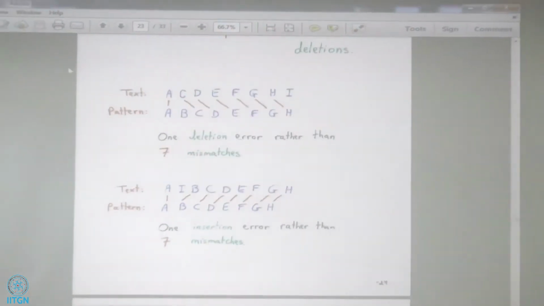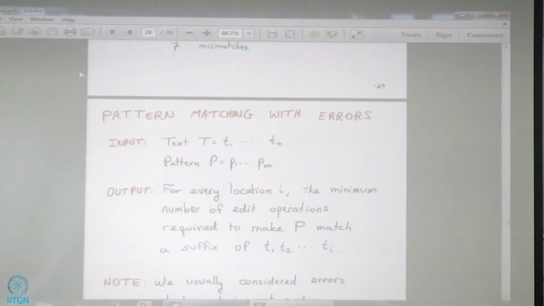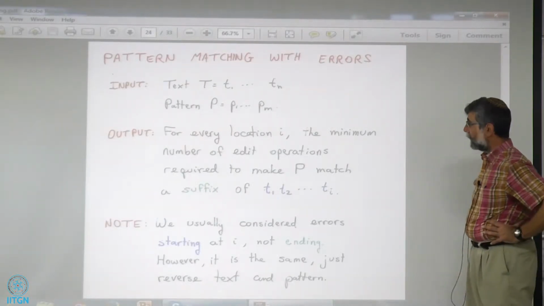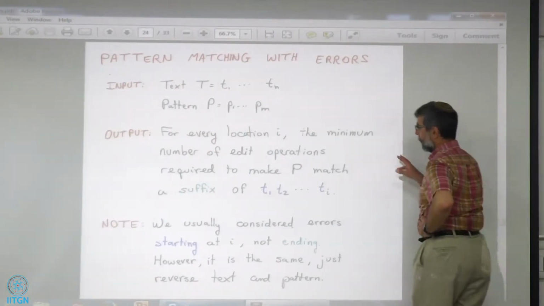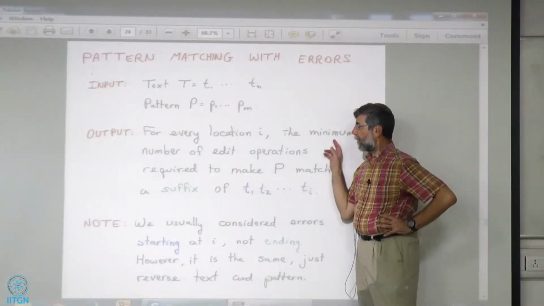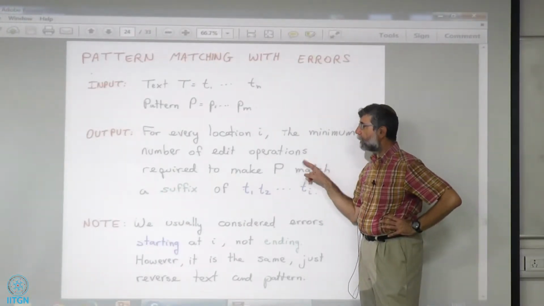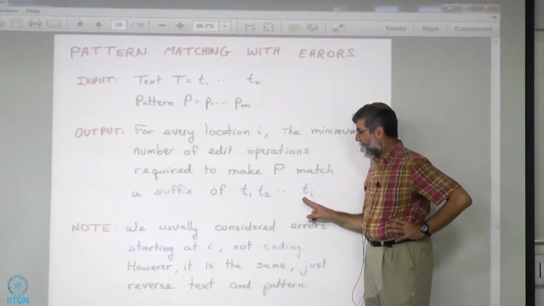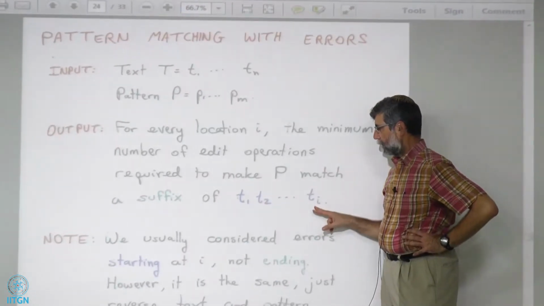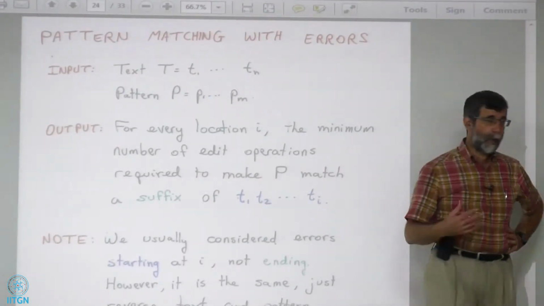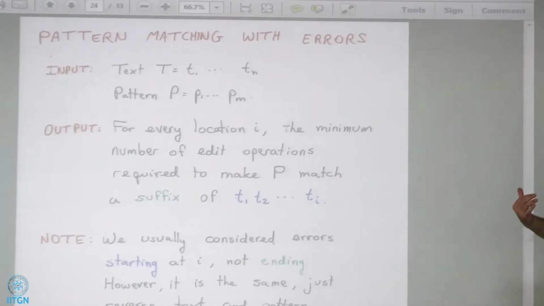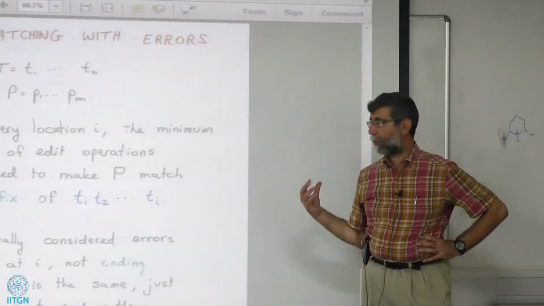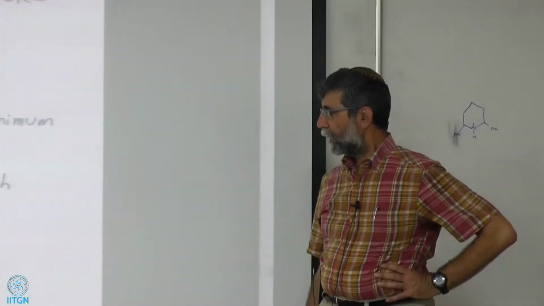So in fact we say that a pattern matches a text in a particular location i with k edit operations if k is the smallest number of edit operations required to make a pattern match the suffix ending at T1, T2, Ti. And why ending? Because we're going to see that this was done using dynamic programming initially, and now we're going to do this better. Okay.